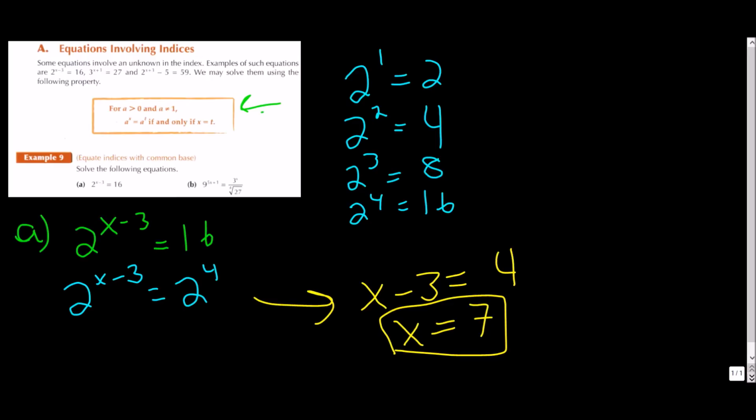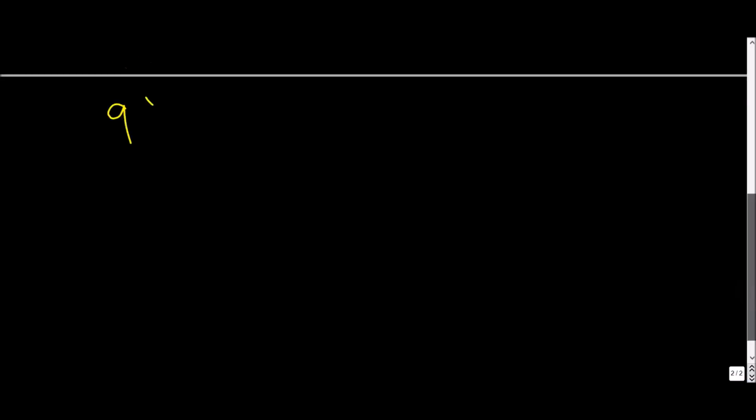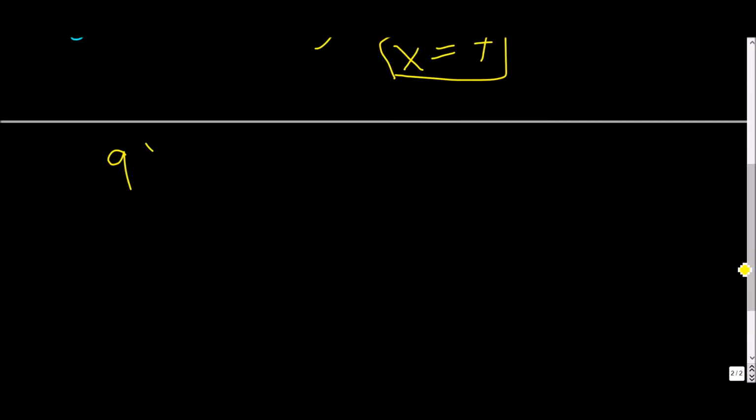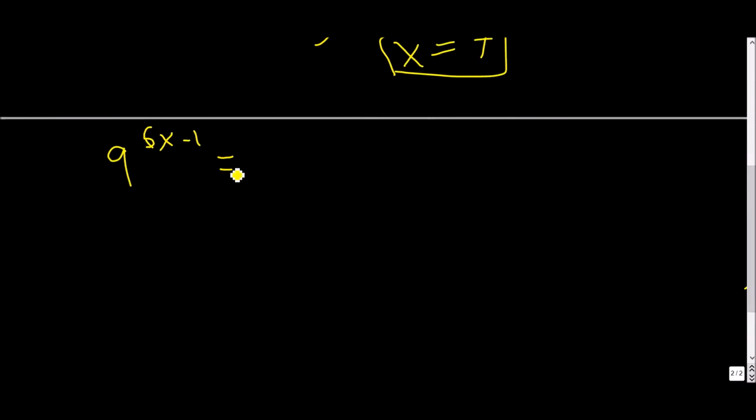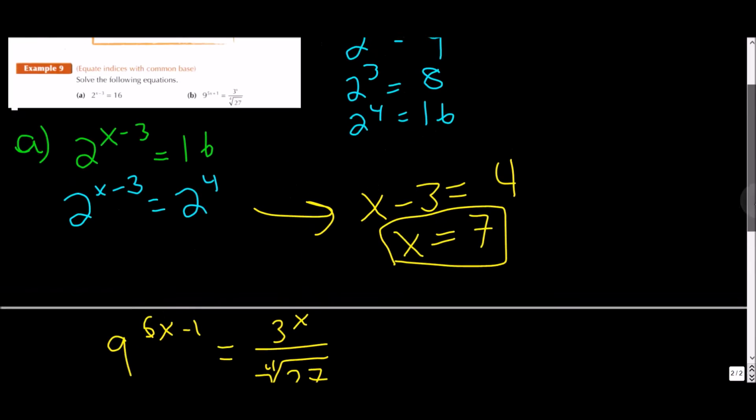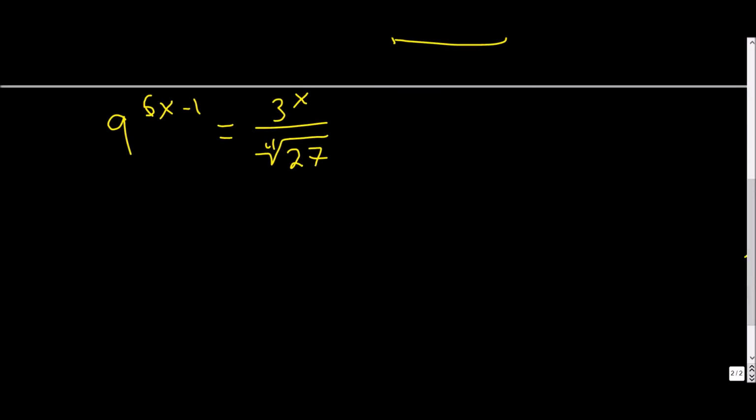So our next equation says that we have 9 to the 5x minus 1 equals 3 to the x over the fourth root of 27. Okay, so we look and we see that we have three different numbers. We have 9, 3, and 27.